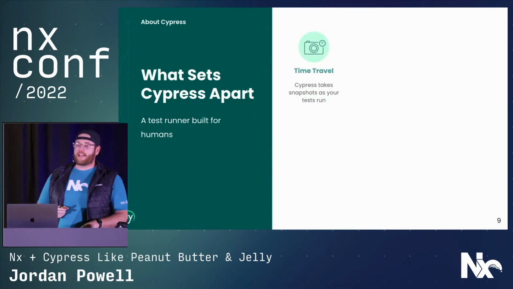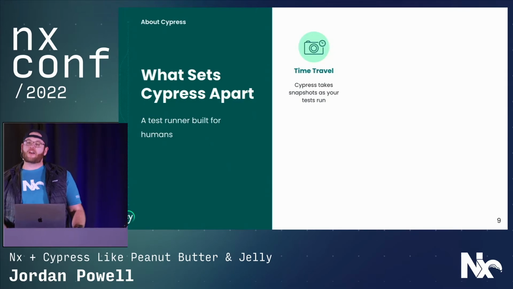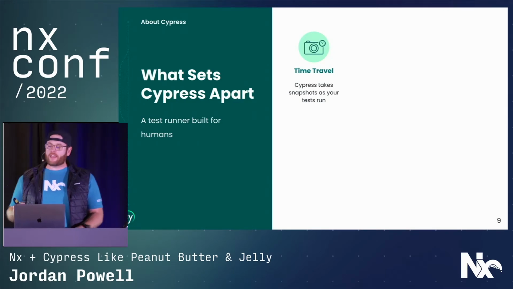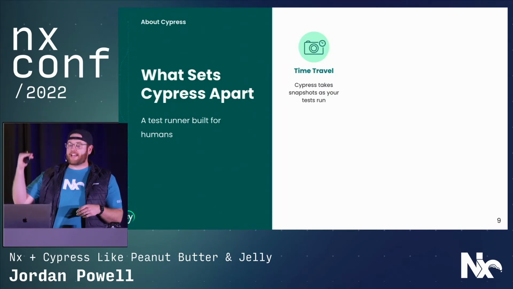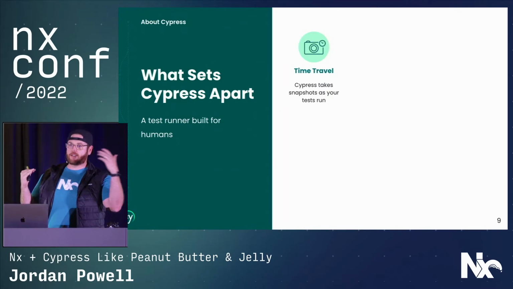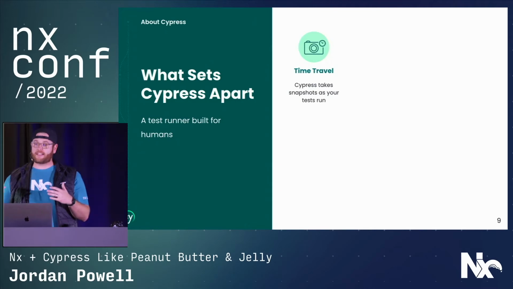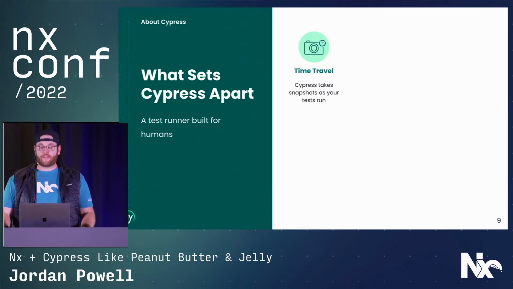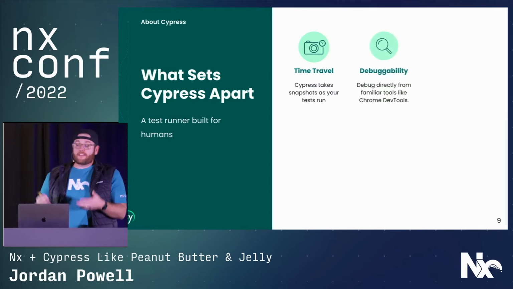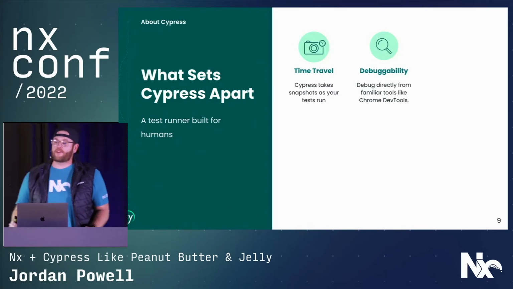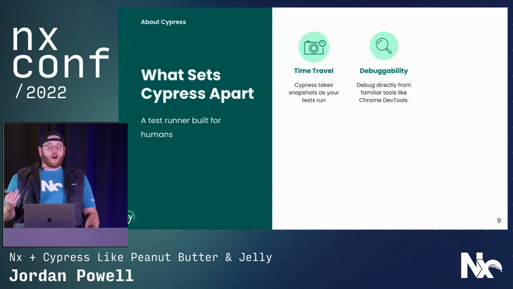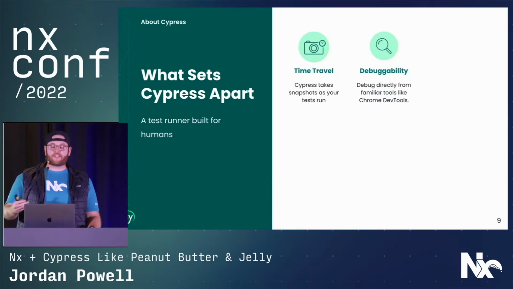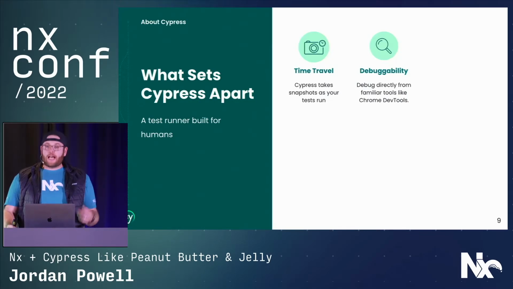What I mean by that is it features time travel debugging, so you can go back in time and see the state of your application at a specific point: what did my test look like, what did my application look like at this specific state? It's really great for debugging. Speaking of debugging, because Cypress runs in the browser itself, you get access to all the browser tools that you use as a developer every single day, like the network tab and console logs.